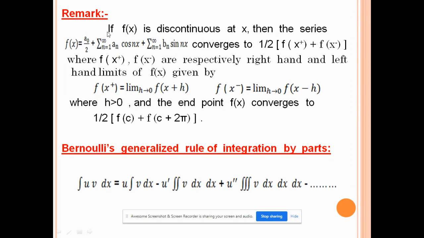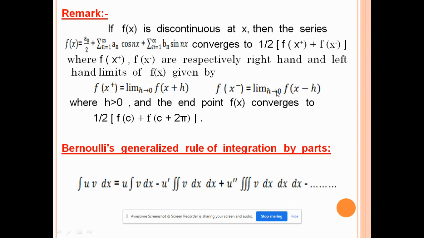Next, remember this one. If f of x is discontinuous at x, then the series f of x is equal to a naught by 2 plus summation n running from 1 to infinity an cos nx plus summation n running from 1 to infinity bn sin nx converges to half into f of x plus plus f of x minus, where f of x plus and f of x minus are respectively the right hand and left hand limits of f of x, given by f of x plus is equal to limit h tends to 0 f of x plus h, and f of x minus is equal to limit h tends to 0 f of x minus h.